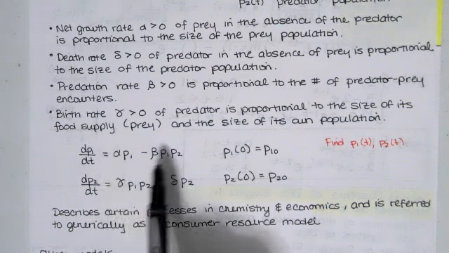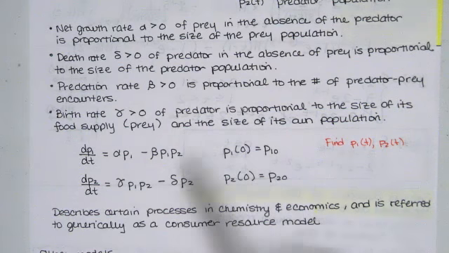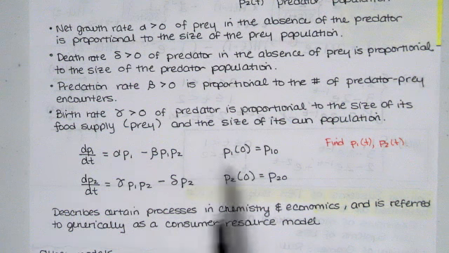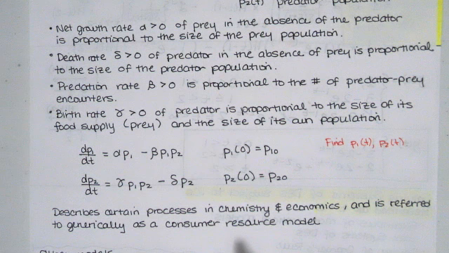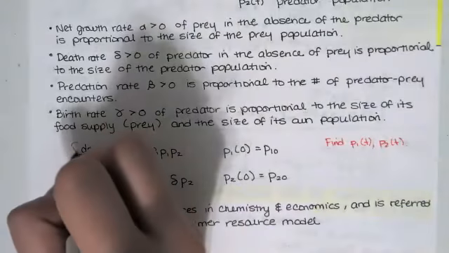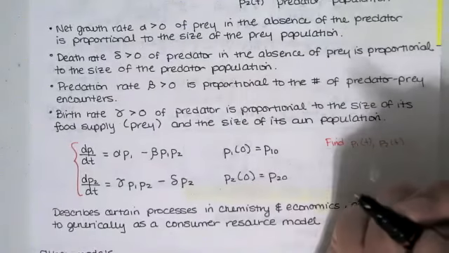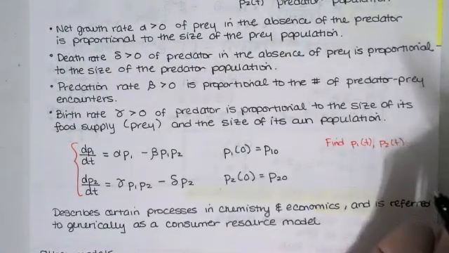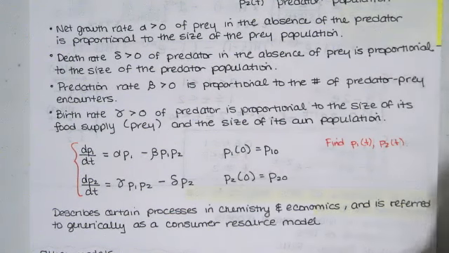Now, it turns out that this does not just apply to predators and bunnies that they're preying on. It describes other processes in chemistry and economics, and sometimes is referred to as the consumer resource model. So this is a very popular system of differential equations that you would see in other classes as well.